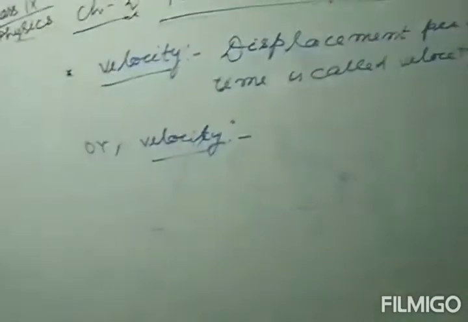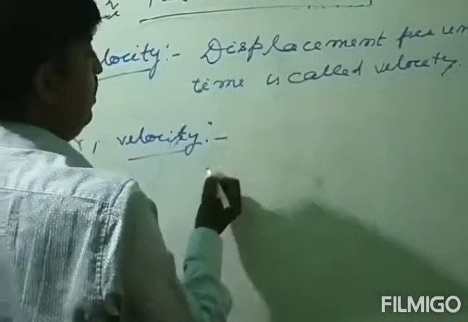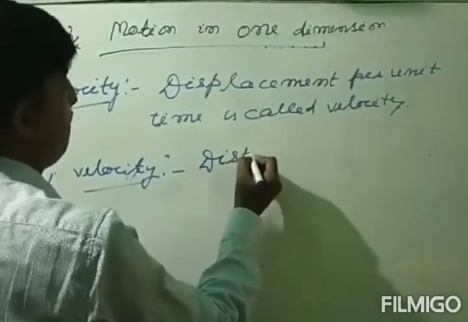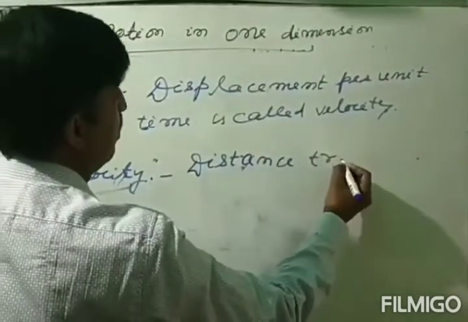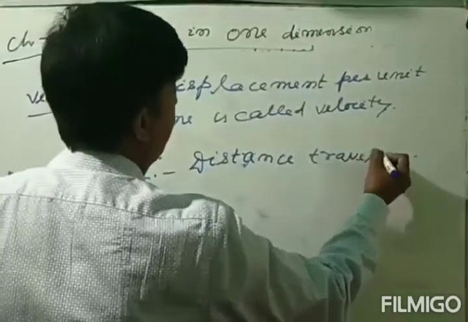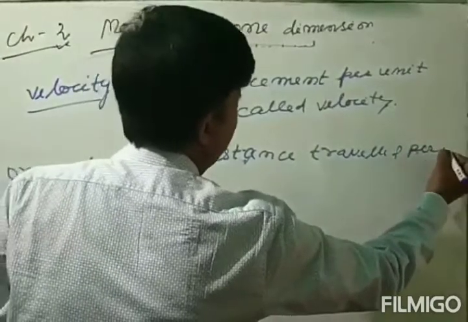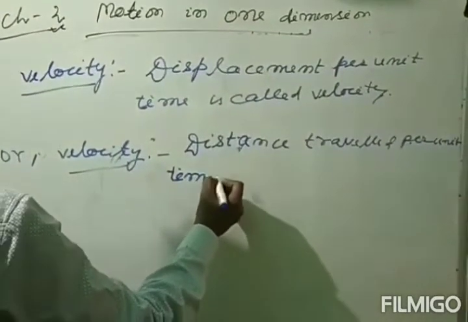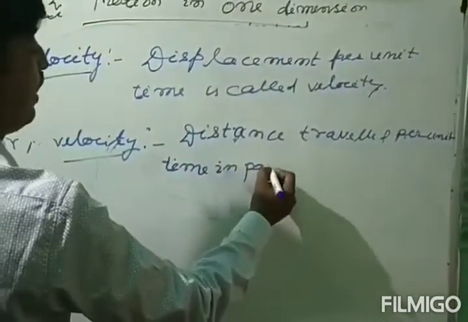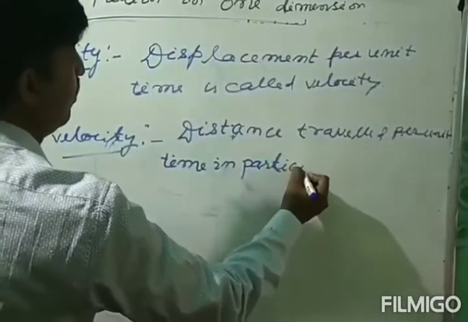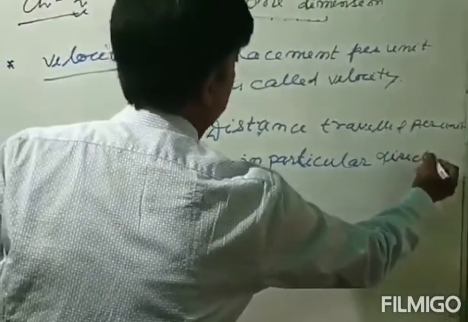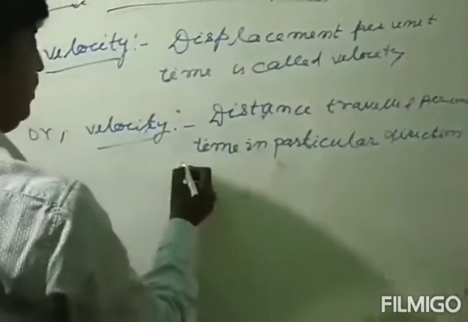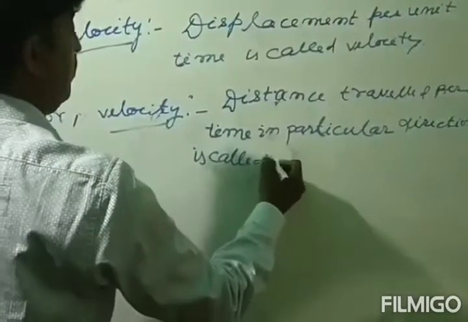The next definition of velocity is distance traveled per unit time in a particular direction is called velocity.